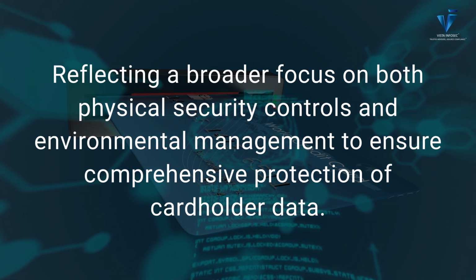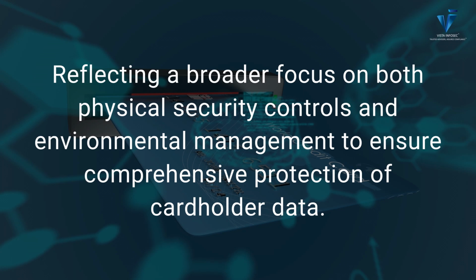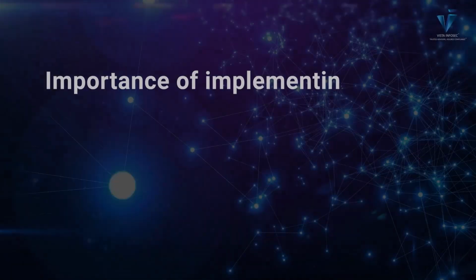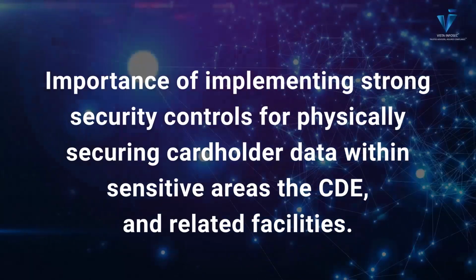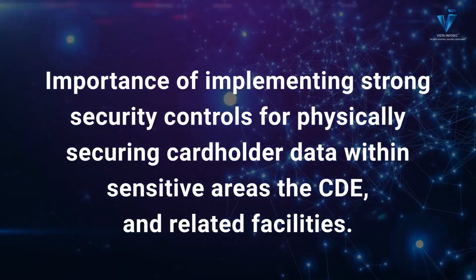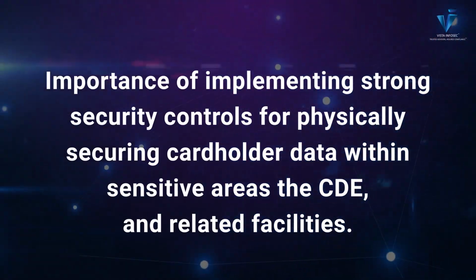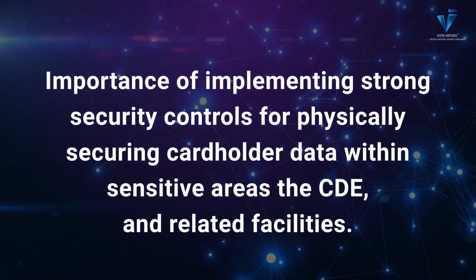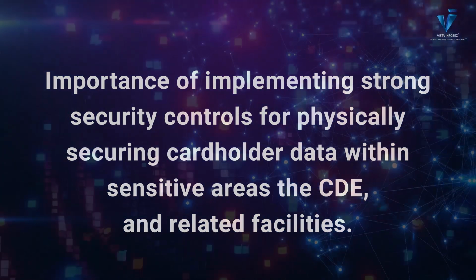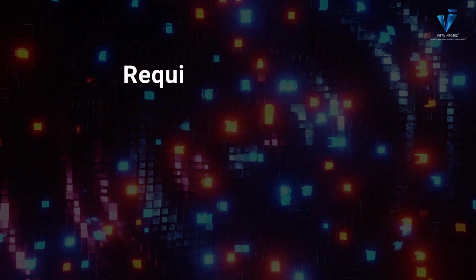Now, the title in this new version has been updated to emphasize the importance of implementing strong security controls for physically securing cardholder data within secure and sensitive areas such as the card data environment and the related facilities. Right off the bat, requirement number 9.1.2.